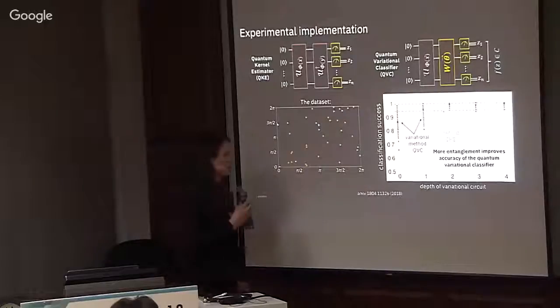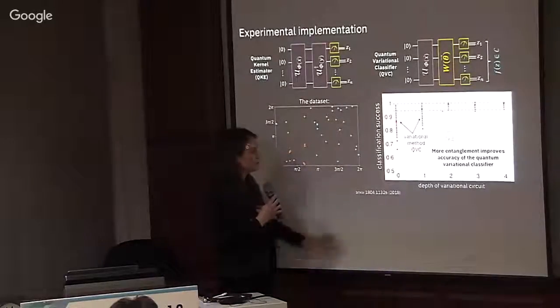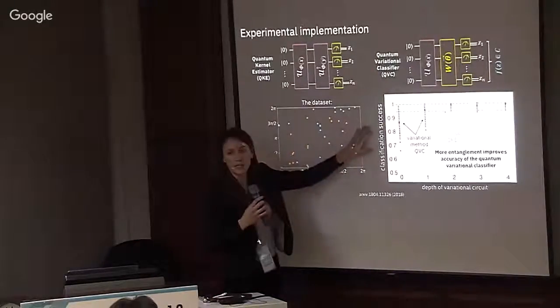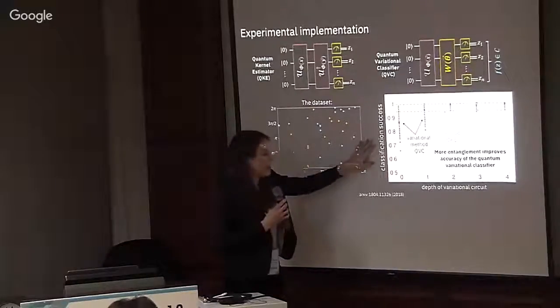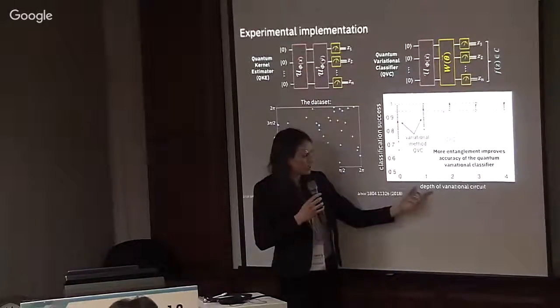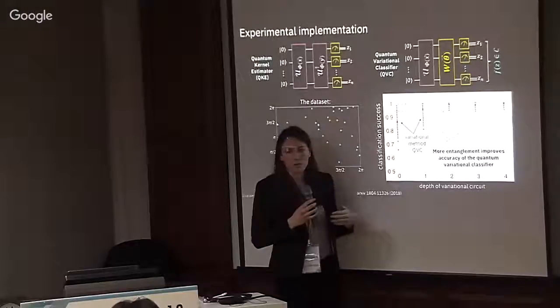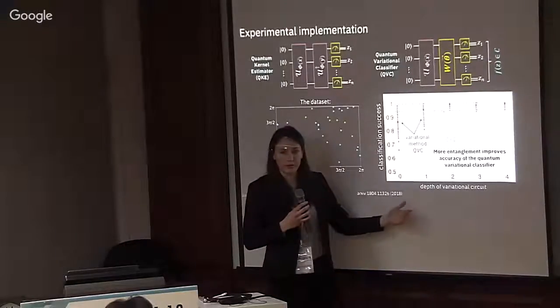Here are some results from using these two methods. This is the accuracy of your classifier, and this right here represents how deep your variational circuit is.